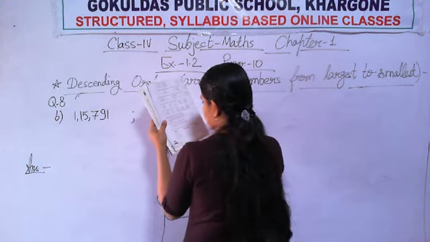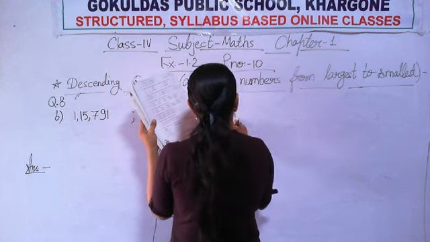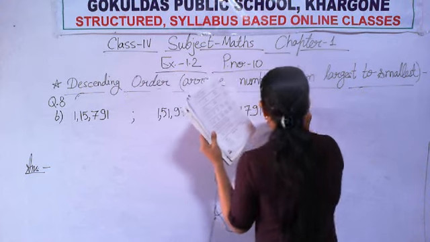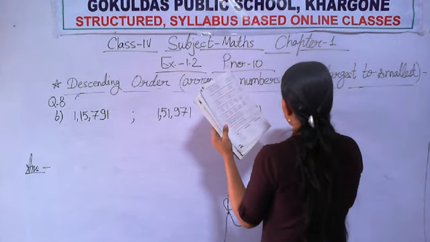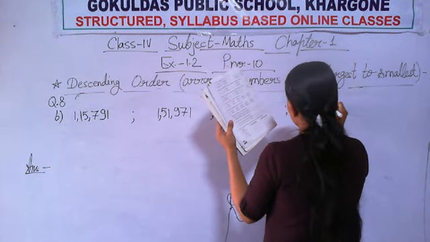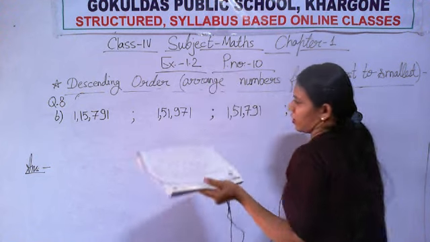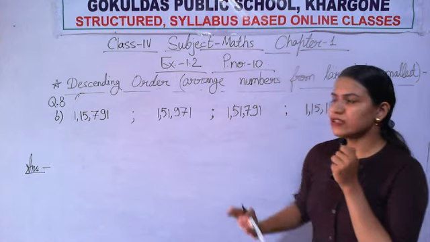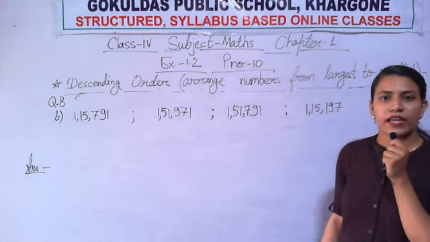Next number is 1,51,791, and the last number given is 1,15,197. Only 4 numbers are given here, and you have to arrange these given numbers in descending order.